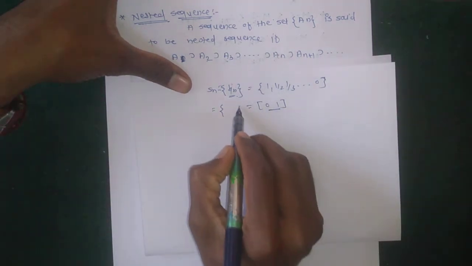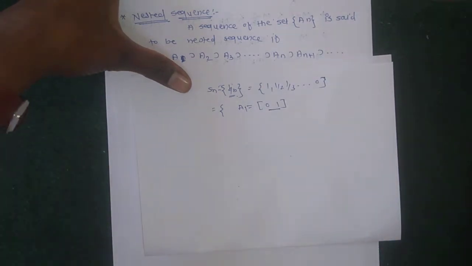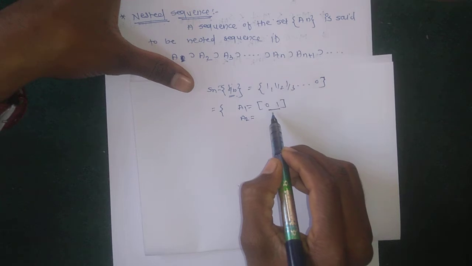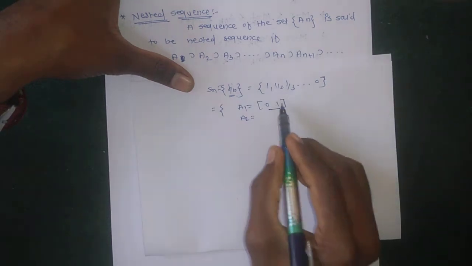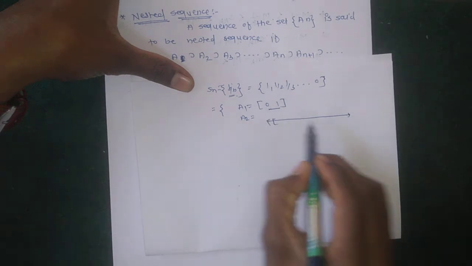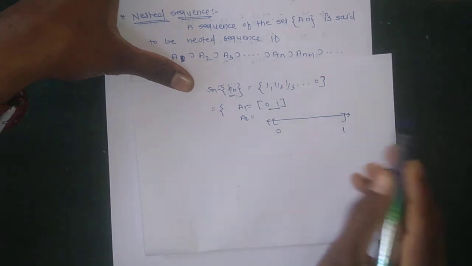So suppose that this is the A1 set, then the A2 set. Suppose this is 0 1.